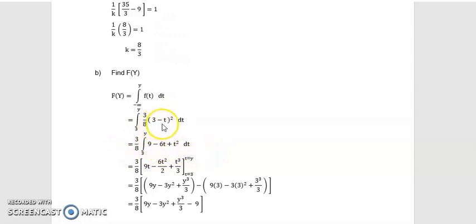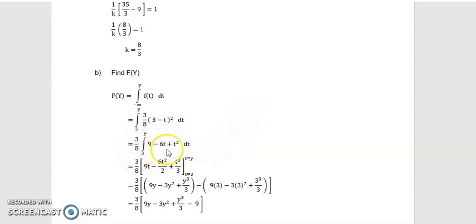So 3 minus t square, you expand this bracket where you can write it as 3 minus t multiply 3 minus t. Okay, so this one I already skipped one step here. So when you expand, you will get 9 minus 6t plus t square.